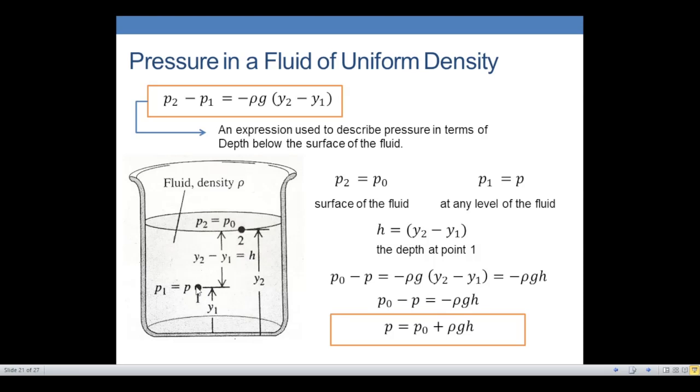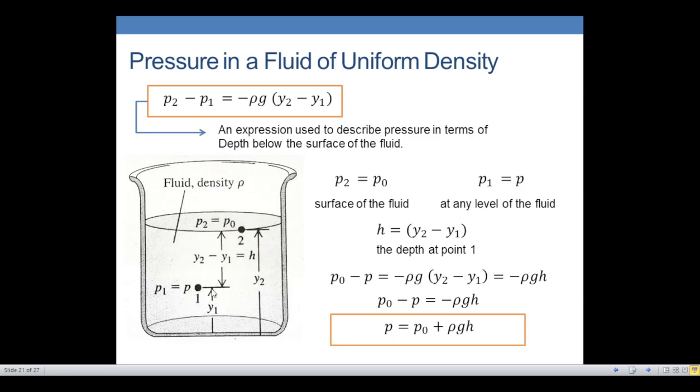Okay? And P sub 2 is the pressure above the surface of the fluid or of the liquid. Okay, because in this example we are using the liquid. Okay, so the change of elevation is simply referring to the h or the height. Okay, so that is why it is y sub 2 minus y sub 1, referring to that elevation where the point 1 is found.